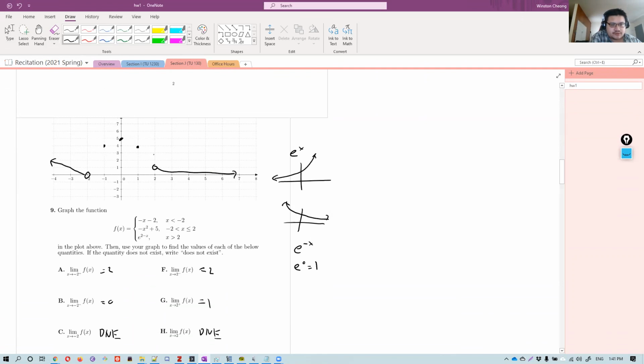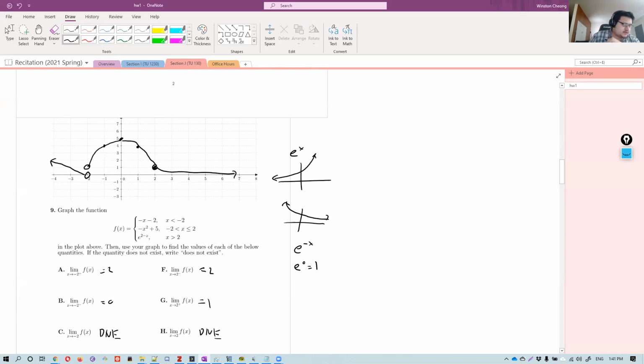So 1, 2, 3, 4 will land me right here, and 1, 2, 3, 4 right here. And I think this is an open circle because this is a strict inequality. All right, so now we just make it look like a parabola, and now we have this connected.